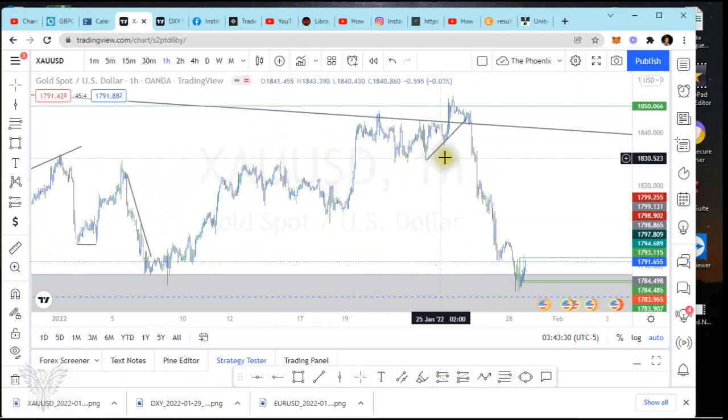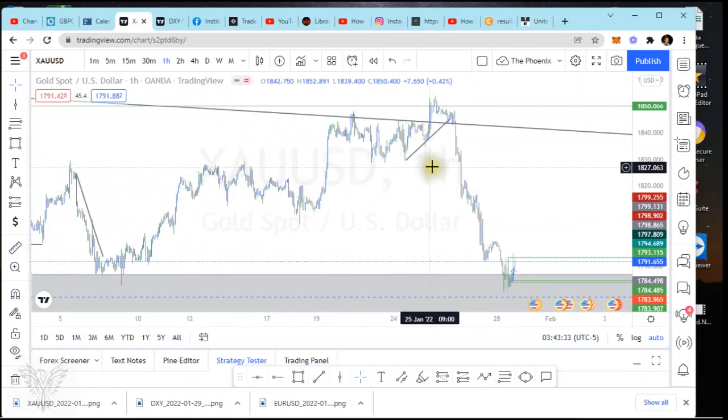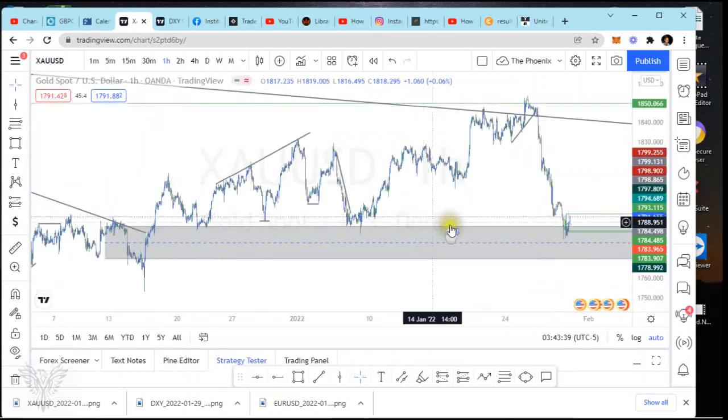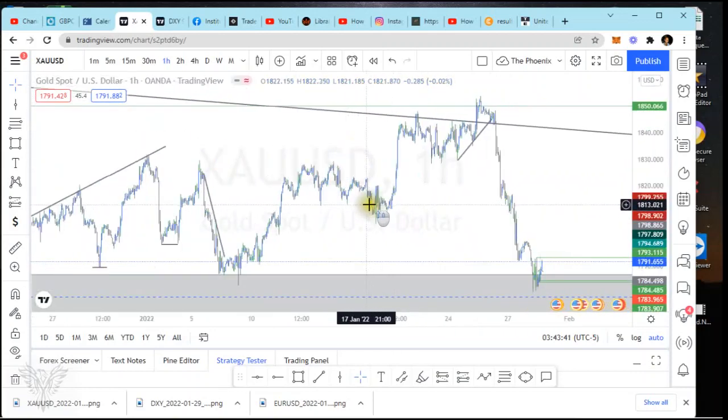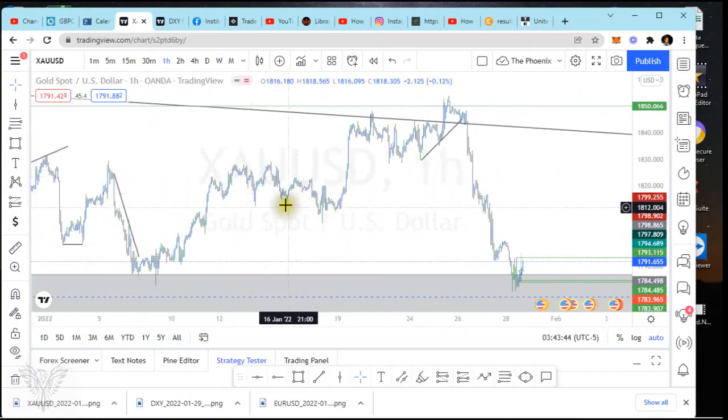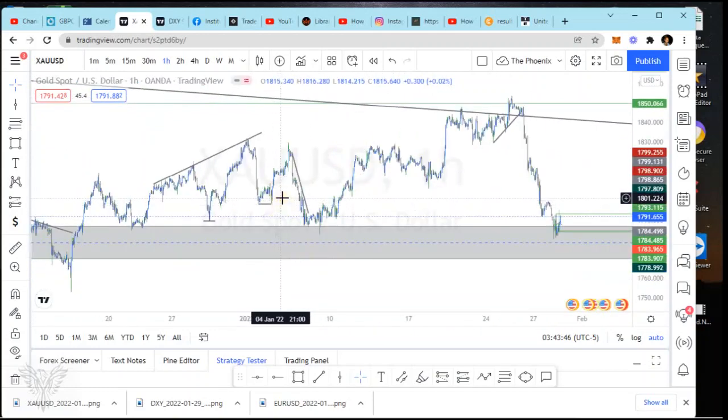Here's another double bottom, and price came back and took out all the liquidity in here. So in the next part in this series we'll go over inducements, and how, having identified that price is creating an inducement, you can use that to get an entry for your trade. I hope this video was helpful and insightful.